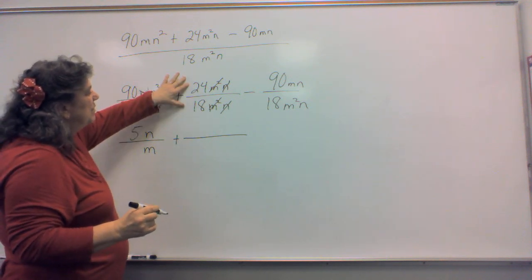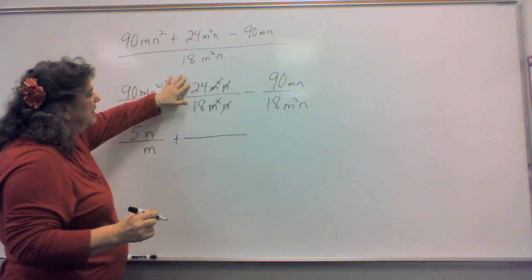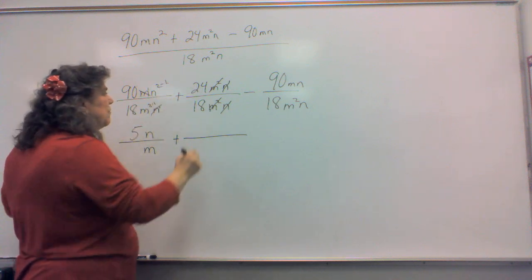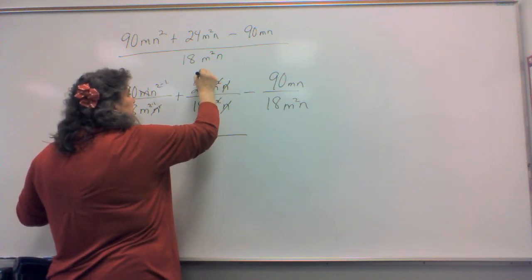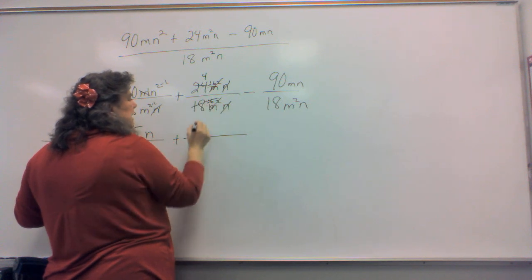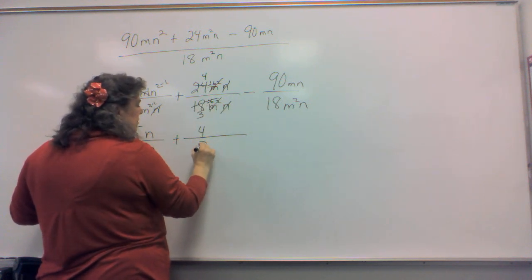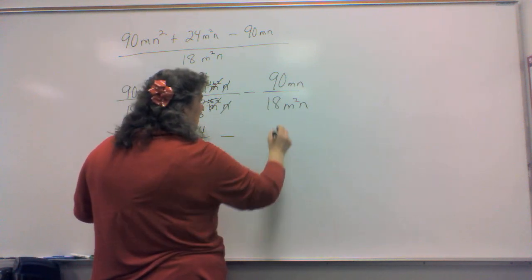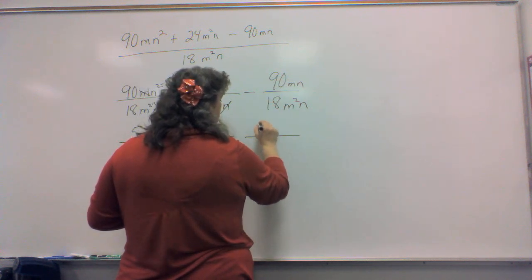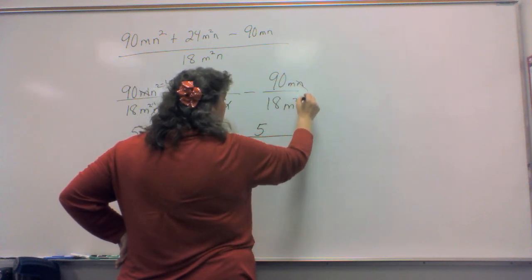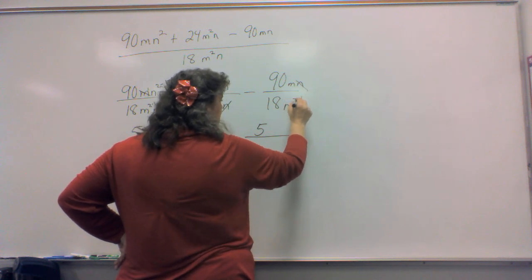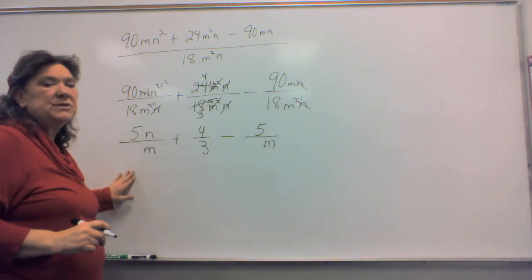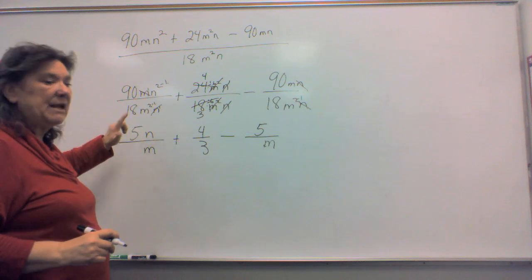Well, 6 goes into 24, and that makes 4. 6 goes into 18, and that makes 3. So this is 4 over 3. Okay, now minus. 90 divided by 18 again is 5 on the top. n cancels with n, and this is 2 minus 1, so gives you an m on the bottom. So this is how we do this division of a polynomial by a monomial.